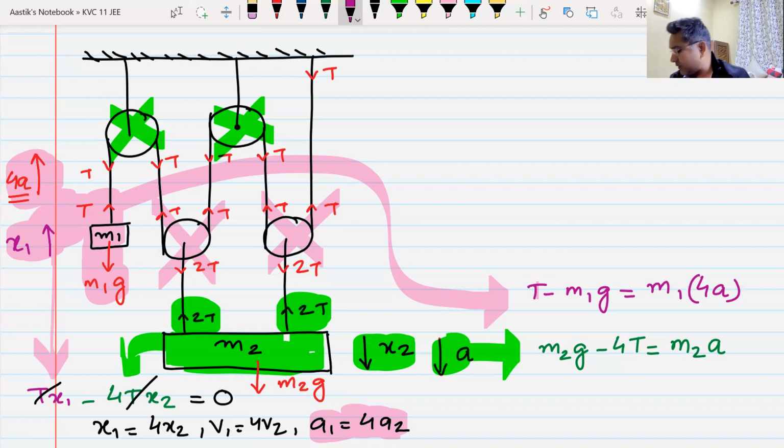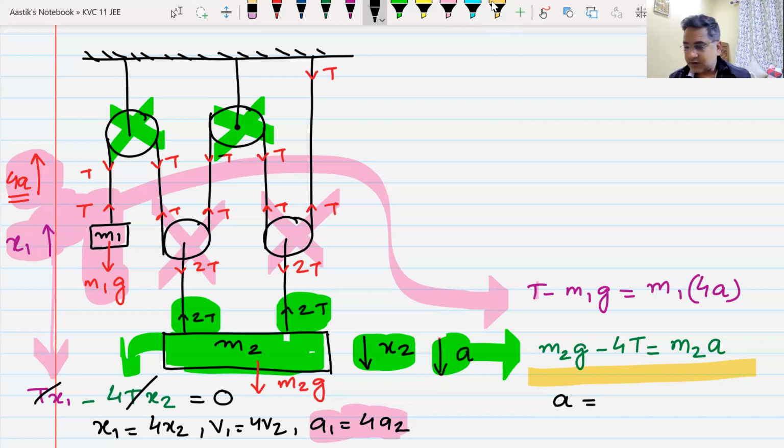You should be able to calculate this and tell me the value of acceleration. I'll give you 1 minute to do it. Tell me what is the acceleration coming. Remember, after this point, physics cannot help you.